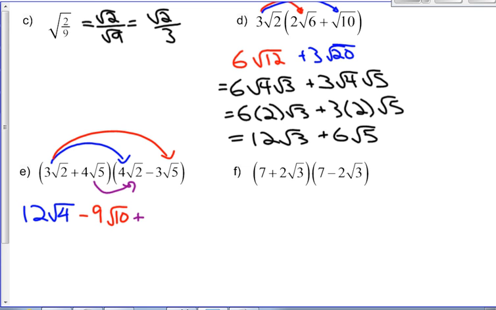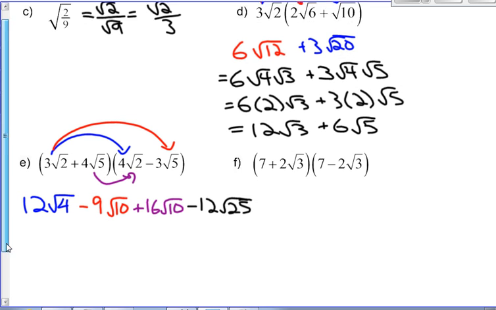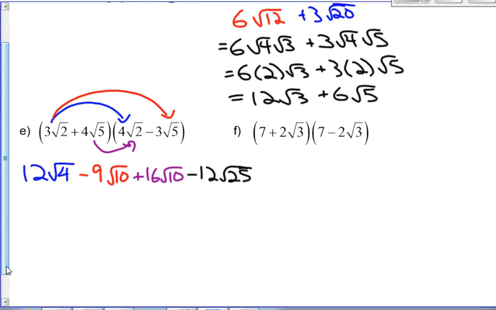Plus 16 times the square root of 10. And finally, minus 12 times the square root of 25. Now some of these have perfect squares. In fact, maybe when you did that blue one, when you saw root 2 times root 2, you would realize that's just the number 2. But if you didn't, we can just work it out.